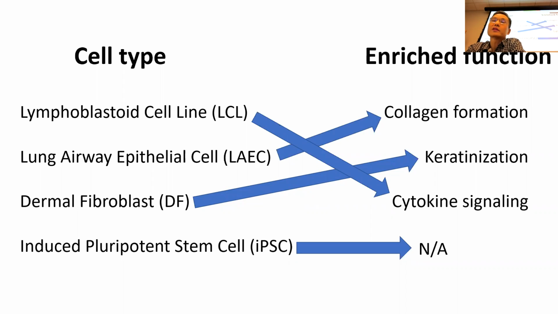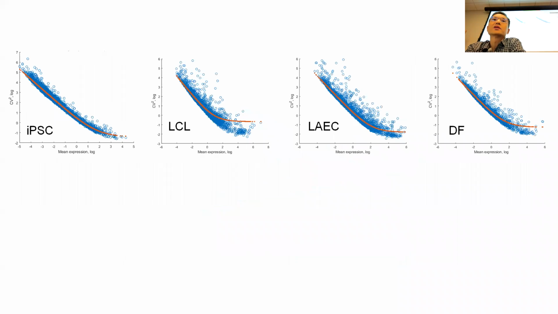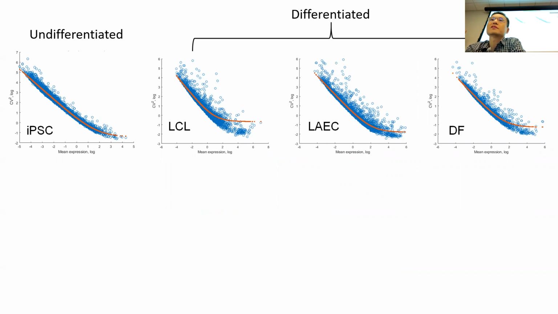The other way around, highly variable genes may be the most important genes which help particular cell types perform the functions those differentiated cells are supposed to do. Highly variable genes are the most important ones. Those undifferentiated stem cells have no cell type specific function assigned yet, so there are no highly variable genes in there.